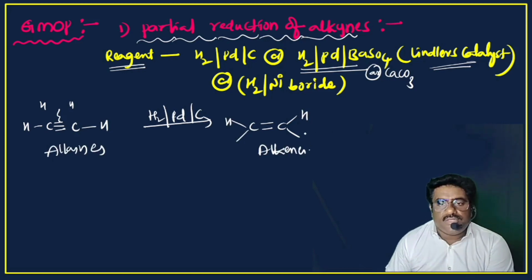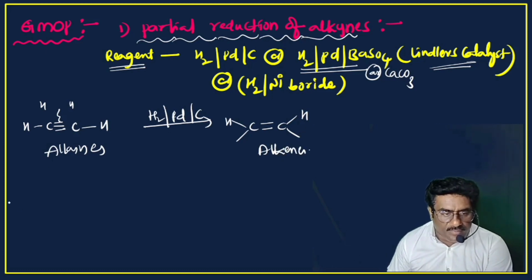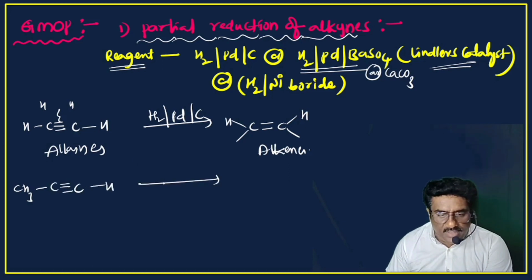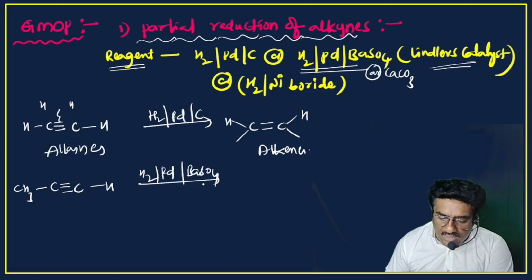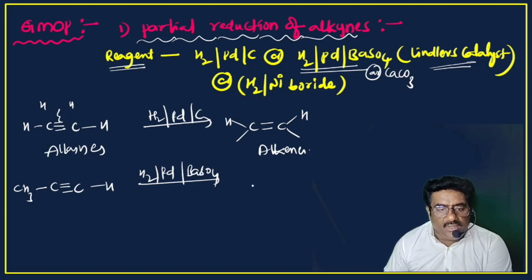It is a partial reduction of alkynes. Have a look at propyne, CH3, C triple bond CH, in presence of a reagent like hydrogen, palladium barium sulfate. It is Lindlar's catalyst. It gives cis addition.